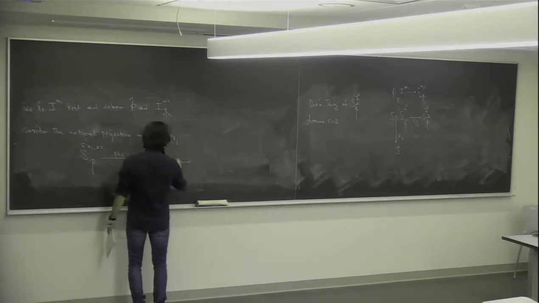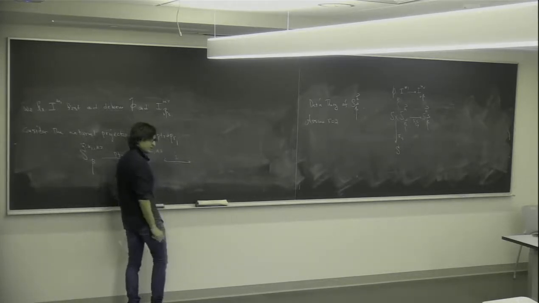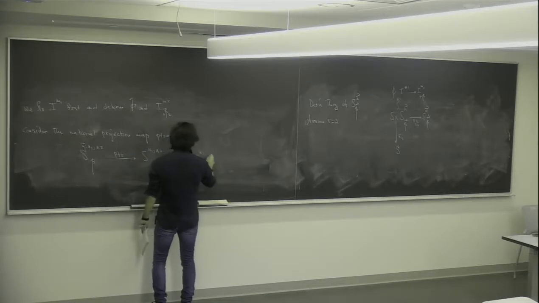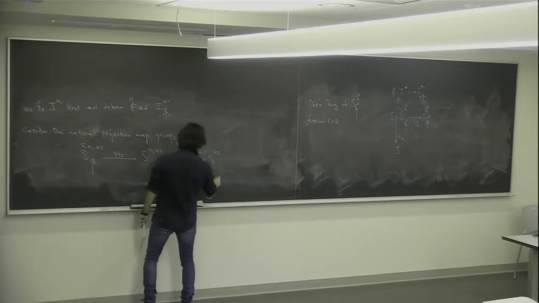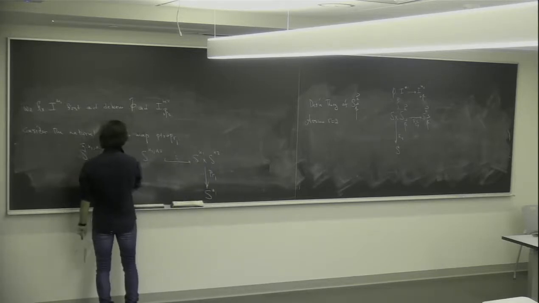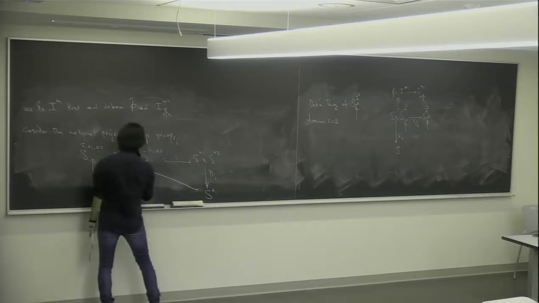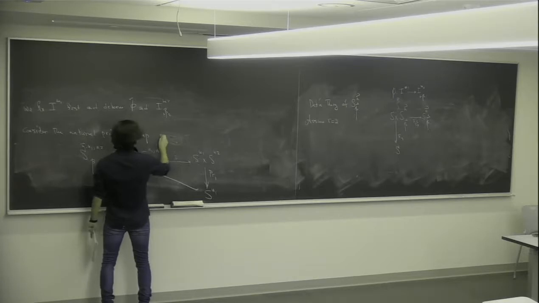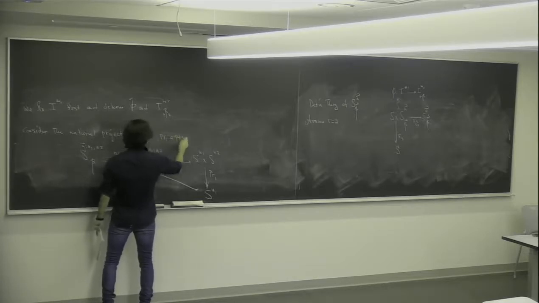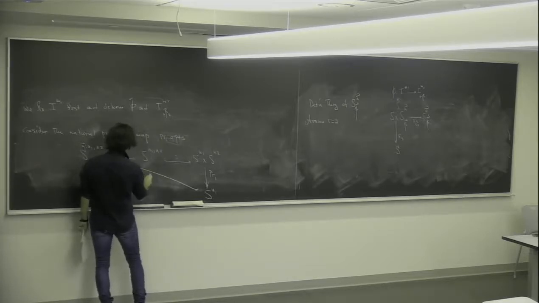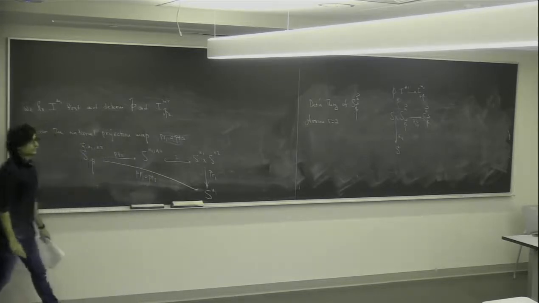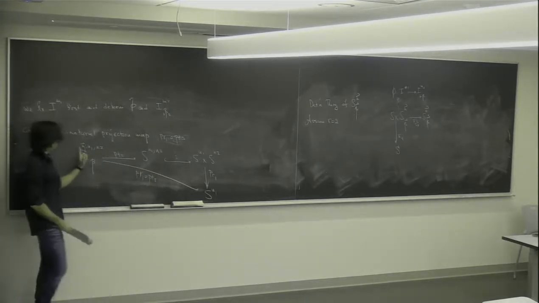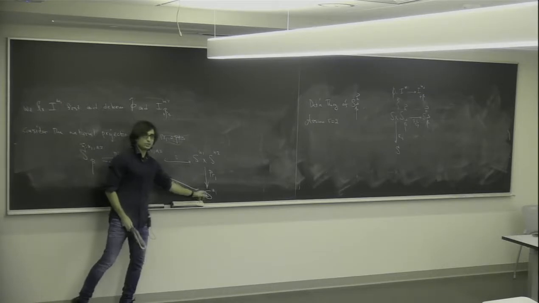This guy, by my definition, sits as a closed subscheme inside S^[n1] times S^[n2], and then you can project down to S^[n1]. Let's call this one PR1, and this is the points map. So PR1, all points. So you can see that there's naturally a map from this nested Hilbert scheme to the Hilbert scheme of points.